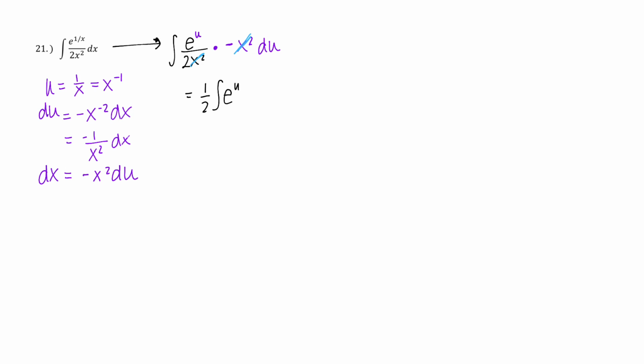This will be e to the u du. Negative 1/2 comes out front because there's a negative right here. Then we have negative 1/2 e to the u plus c. Negative 1/2 e to the 1 over x plus c. And there's that one.